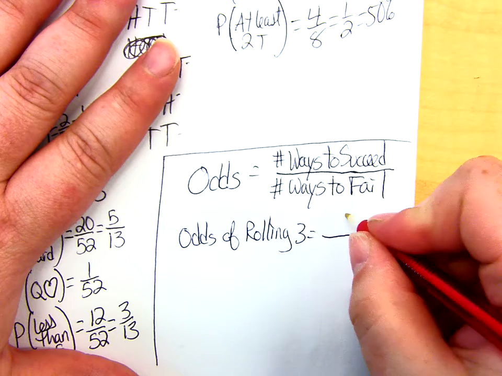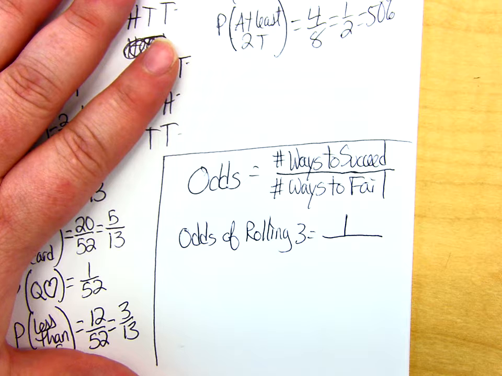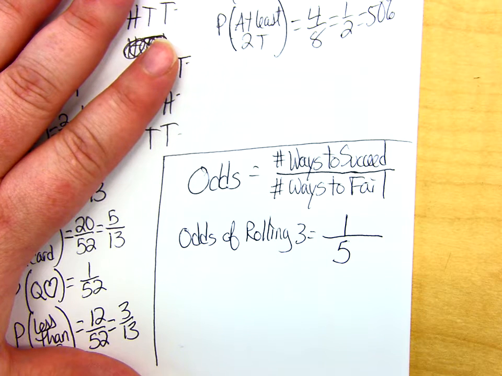So there's one way for me to succeed. How many ways are there for me to fail? 5. If I land on the 3, I win. But if I land on any one of the other sides, and there's 5 left, those are my odds of rolling a 3.